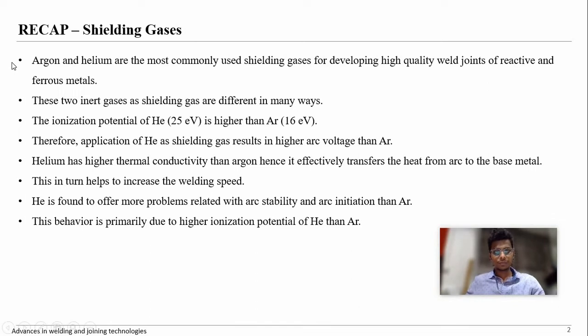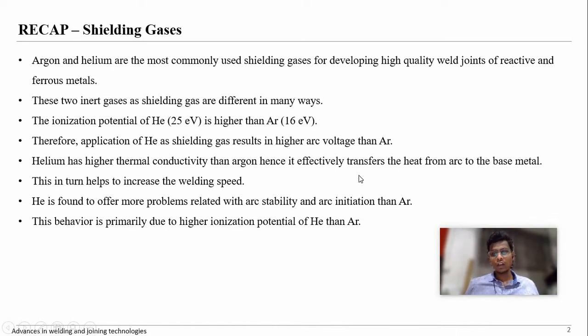Then, because the ionization potential is higher, if I use helium as a shielding gas, it results in a higher arc voltage compared to the argon shielding gas. And also, one more thing we need to consider is that helium has higher thermal conductivity than argon.